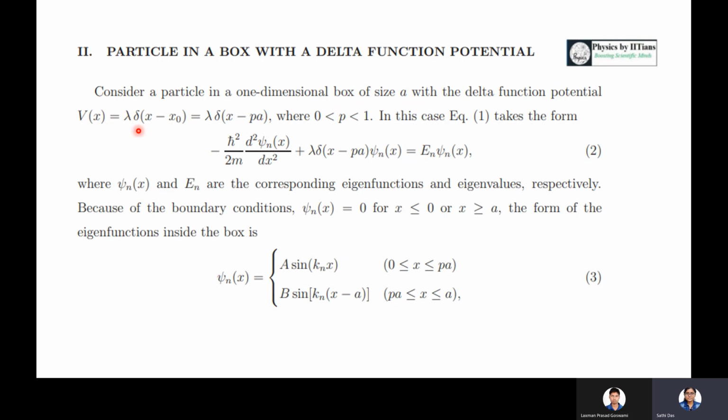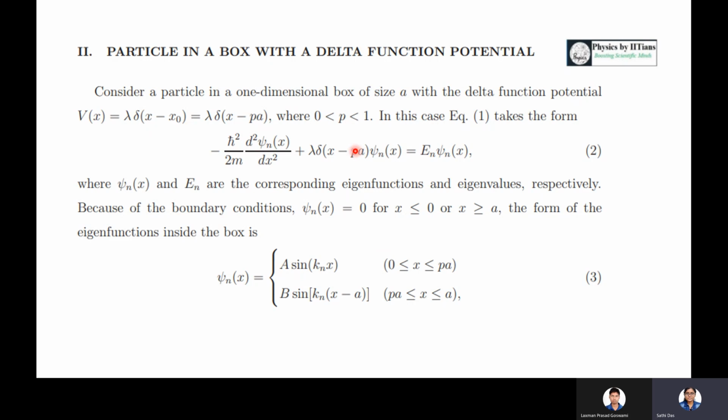So let us see this. Suppose the delta function potential has this form, lambda delta of x minus x naught. Let us solve the Schrodinger equation, H psi equals E psi. H is the total energy, that is the kinetic energy plus the potential energy.